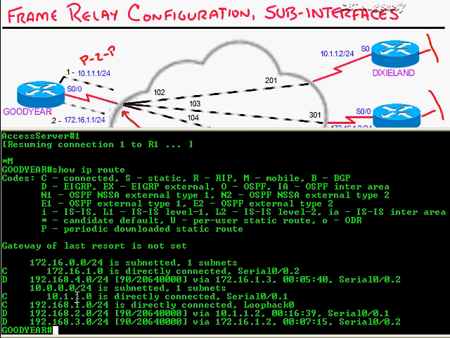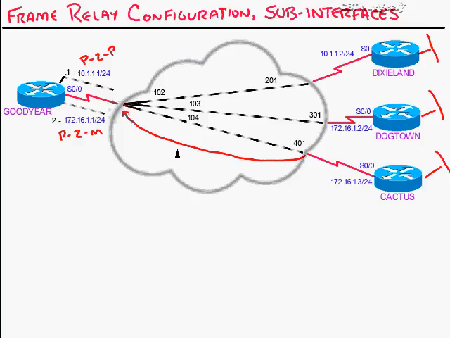And Goodyear, sure enough, has learned about 192.168.4.0 via EIGRP, 3.0, 2.0, 1.0. It's got them all. It knows about all of those local area network interfaces behind the routers. But it will not advertise it back out because it's going out the same sub-interface. That's split horizon in action.